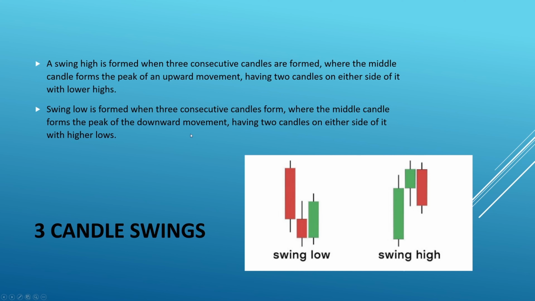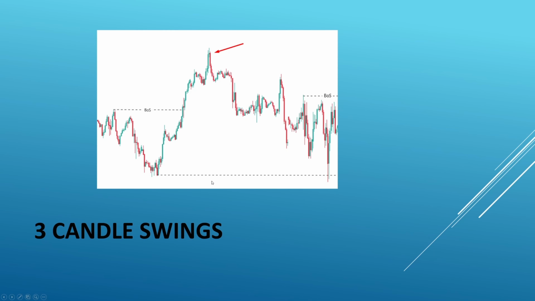A swing low is formed when three consecutive candles form, where the middle candle forms the bottom of the downward movement, having two candles on either side of it with higher lows, which is this one. This is a three candle swing, a perfect example on the market. Also, we can find a swing here as well.